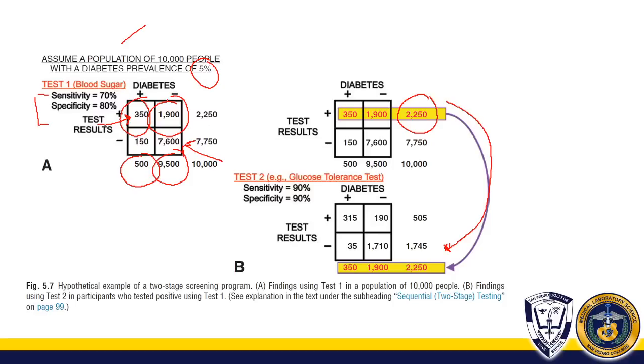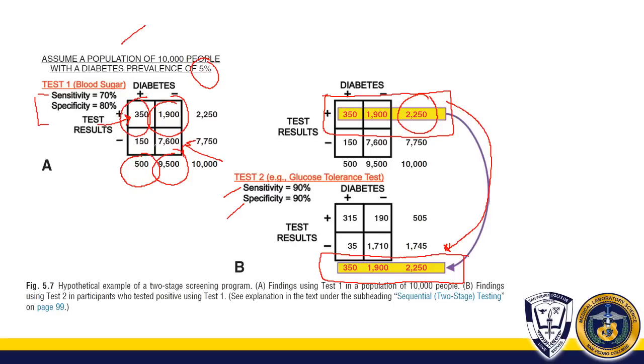So muna na kung unsa ni inyong values diri sa inyong first test in terms of kinsa to ang mga nag-positive, that will become your total, diba? Total na population here. So, ibutang na siya sa baba na portion sa imuhang test 2, sa imuhang 2 by 2 table. Now, let us assume na sa test 2, higher na ang sensitivity and specificity, both 90% na siya.